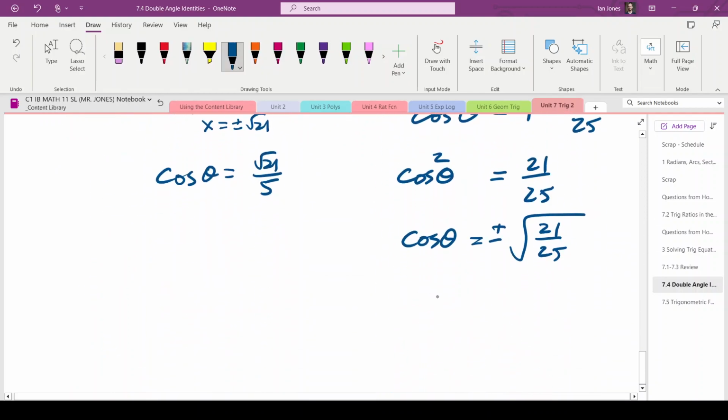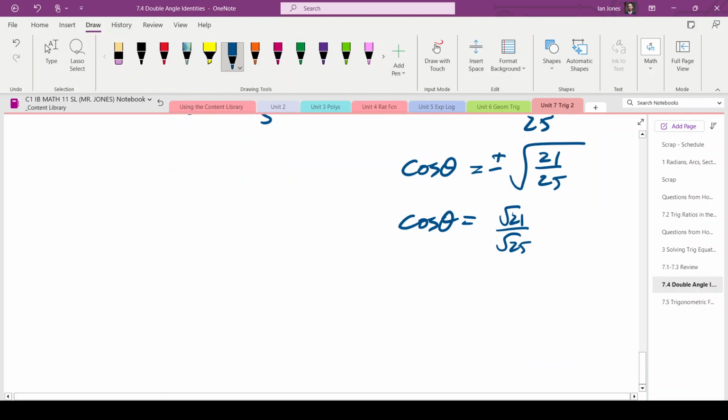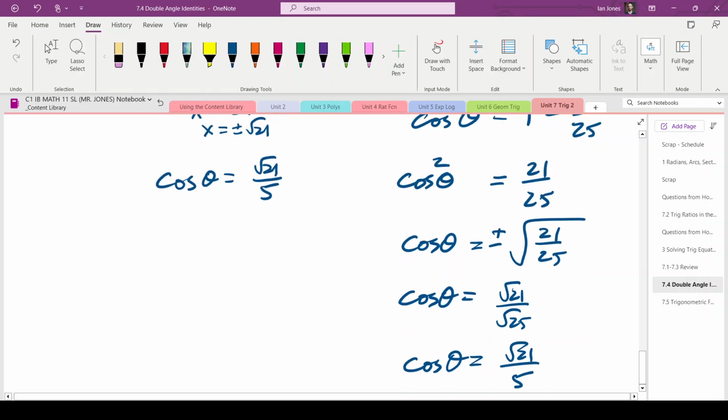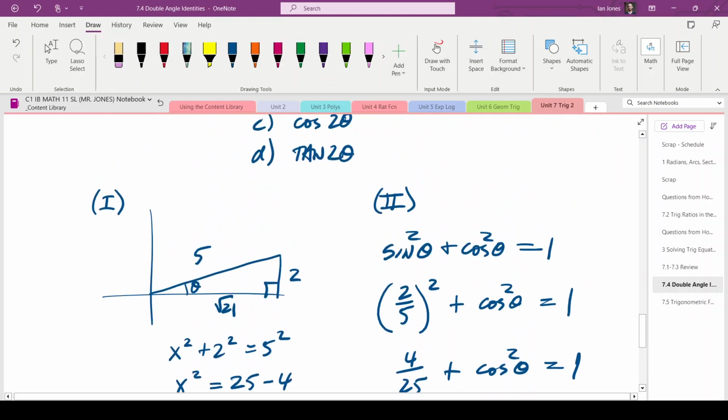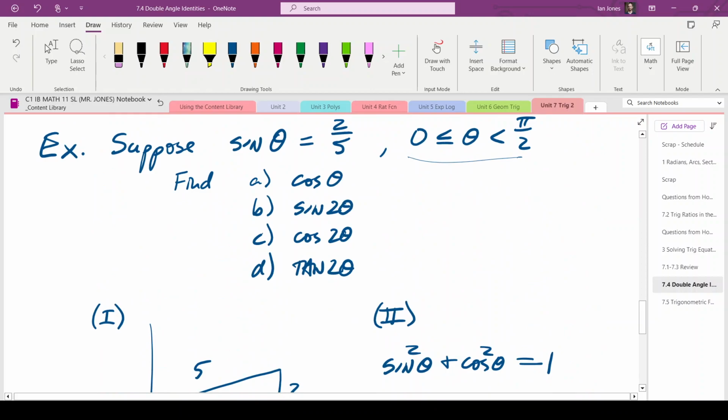So I'll just calculate this here. Cosine theta is positive square root of 21 over square root of 25. It's root 21 over root 25, which is root 21 over 5. Okay, same answer as we would expect. So there's two different ways to get cosine of theta.